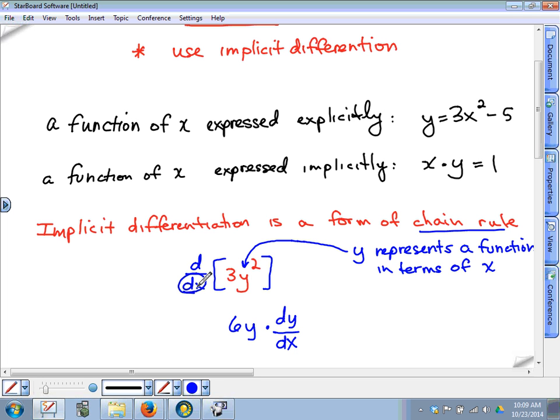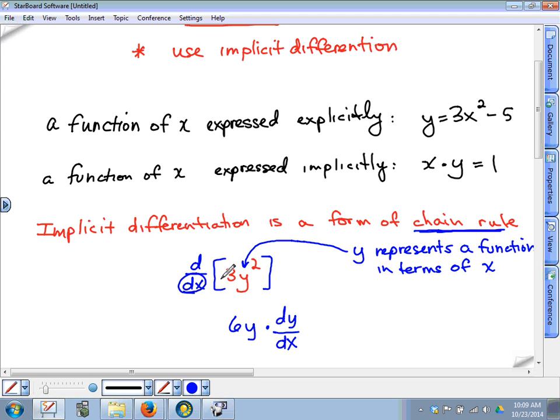I want to make sure we're clear on what happened here. Where did the 6y come from? That's the derivative of the outer function, right? You just drop the 2 down and then decrease the power by 1. Now what's with the dy dx? That's the chain rule part of this. This right here was the derivative of the outer function. This is the derivative of the inner function. The inner function was y.